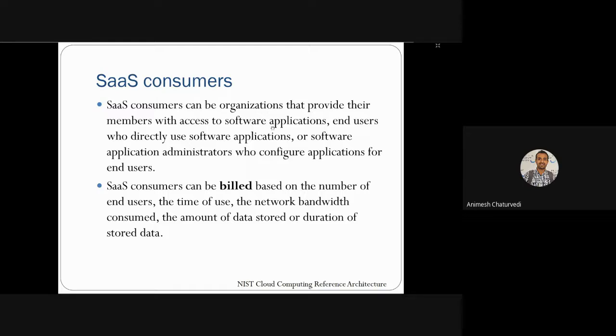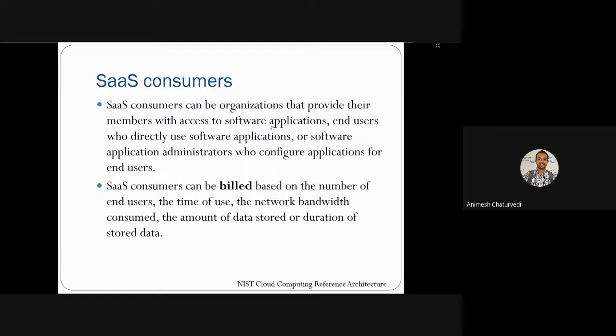Then there are end users who can directly communicate with such software applications, like students directly interacting with Google Docs and Google Meet, and the software application could be administered by some domain expert in the institute. They have some settings and they can configure some applications and do the end user processing.